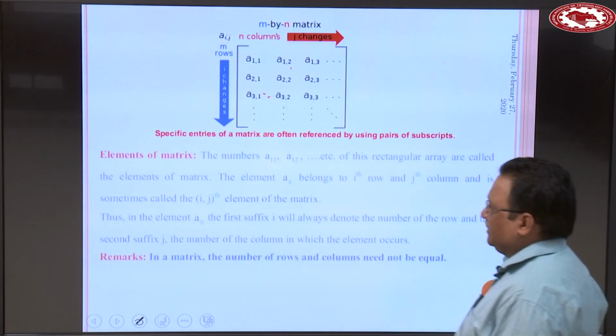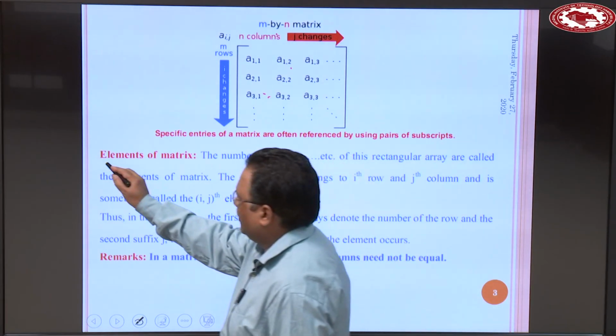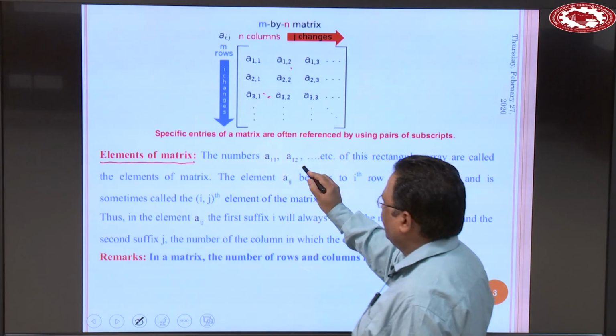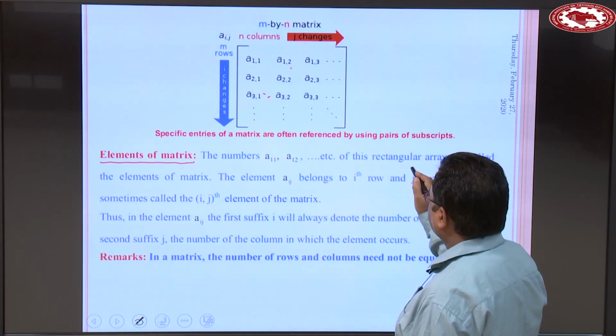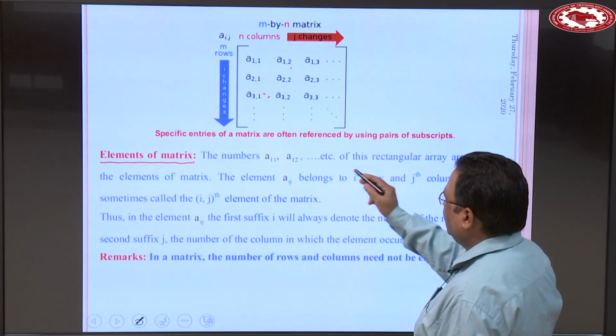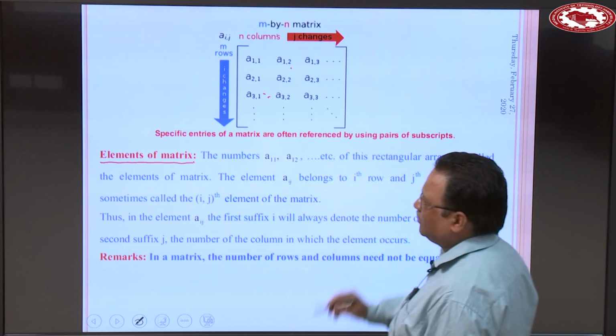Now, the next definition is elements of a matrix. How can you define elements of a matrix? The numbers A11, A12 and so on of this rectangular array are called elements of the matrix.